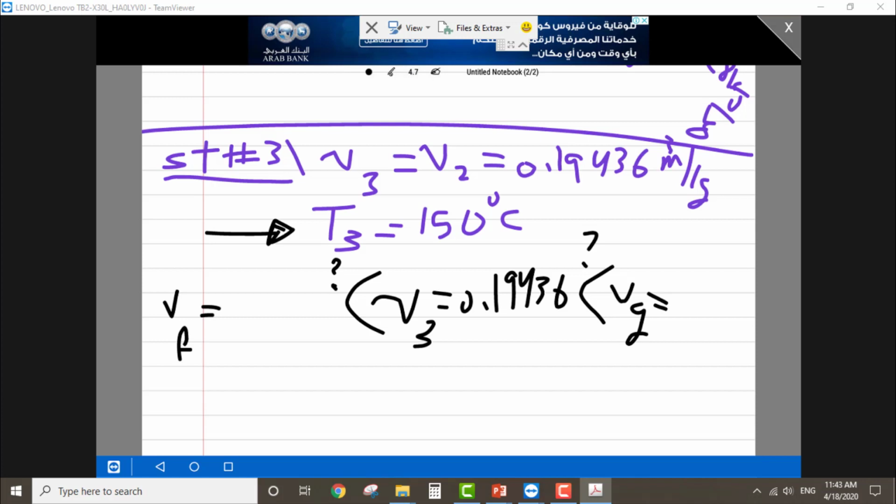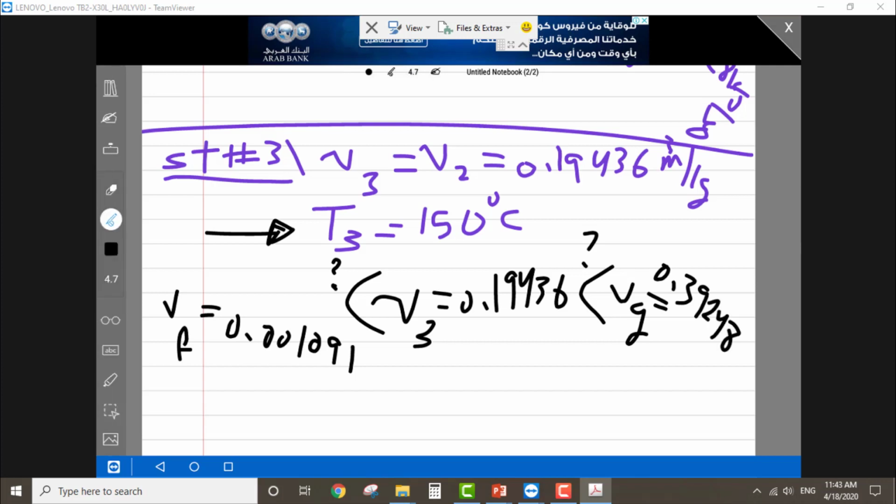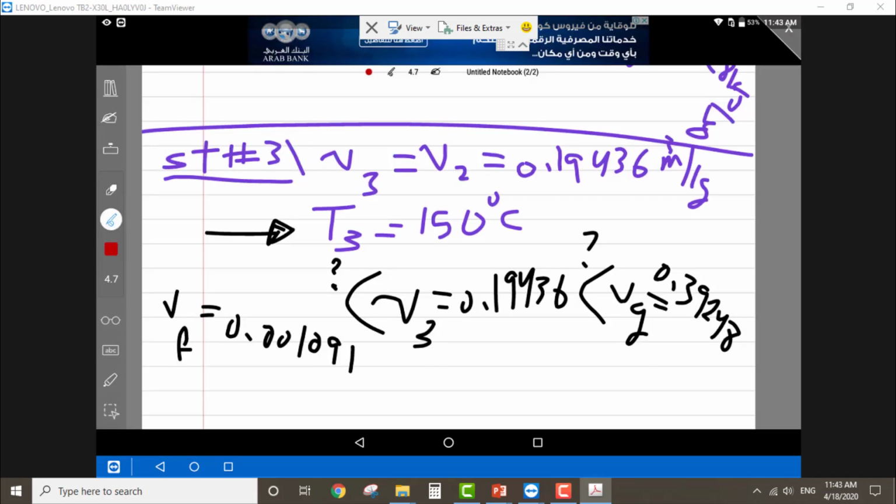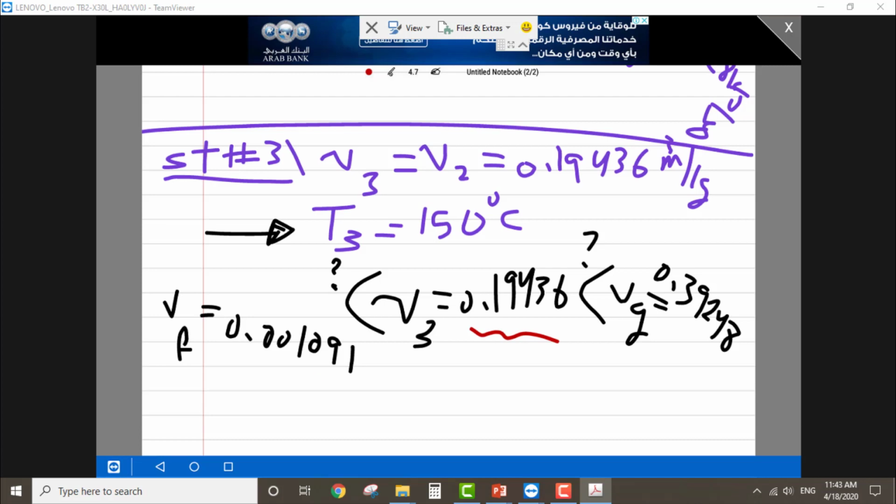So Vf is 0.001091 and Vg is 0.39248. So is our value between these two values? 0.19 is greater than 0.001 and it's less than 0.39, so yes, this is correct.